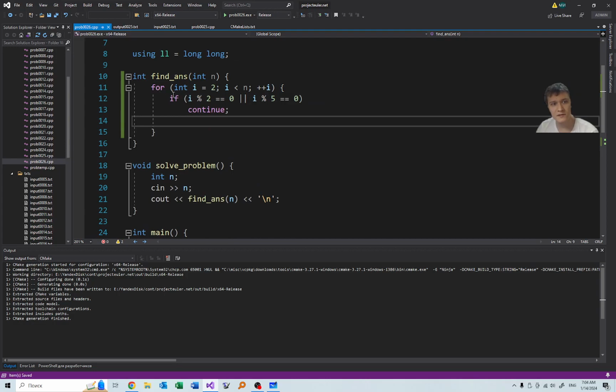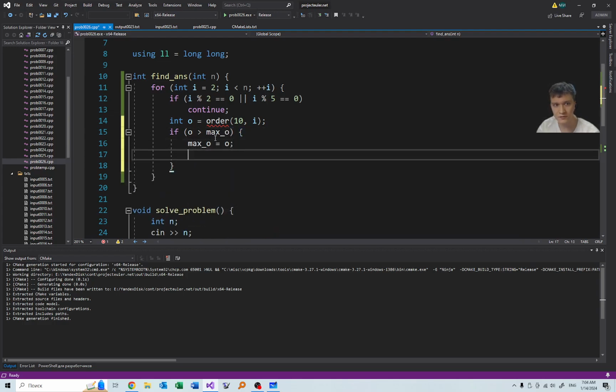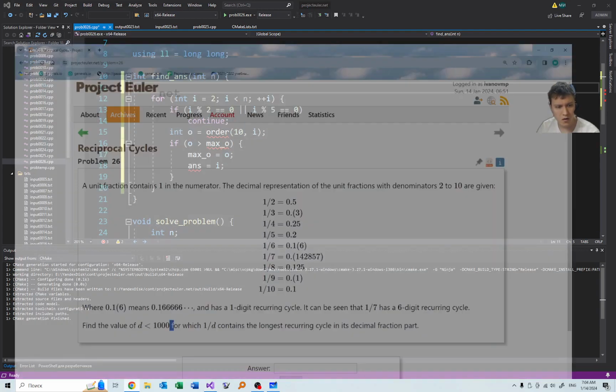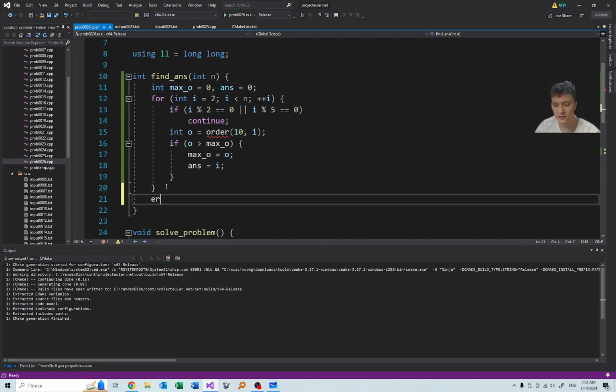Let's assume that they are not divisible by these numbers. Then we need to find the order. So we calculate the order of 10 modulo i, and if o is greater than max o, then we say that max o equals o and answer equals i. And here we store max o, which is 0, and ans equals 0. And we return the answer.